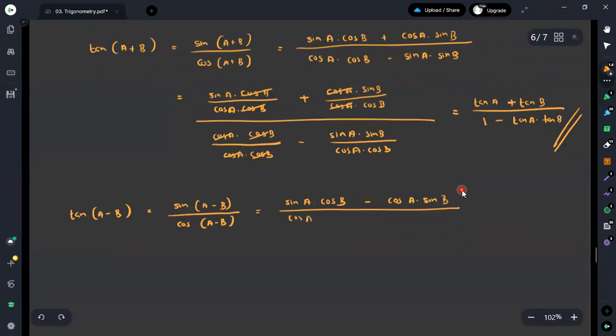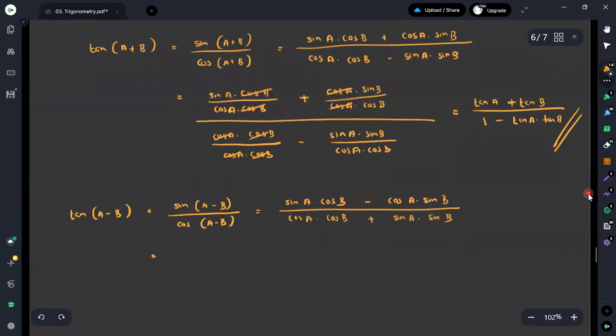It is cosine A into cosine B plus sine A into sine B. Here also we are going to divide each and every term by cosine A times cosine B, since we need to make this point as 1. As you can see it is given in this equation, we are just going to prove it.